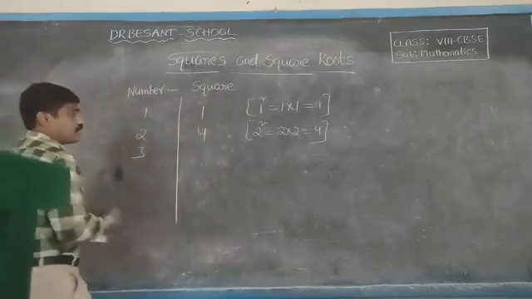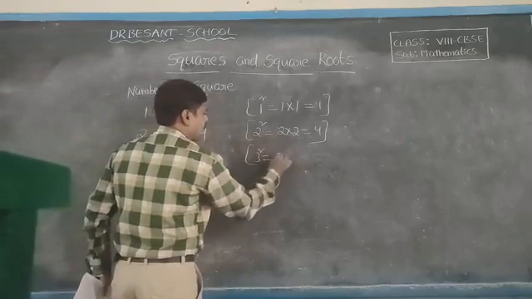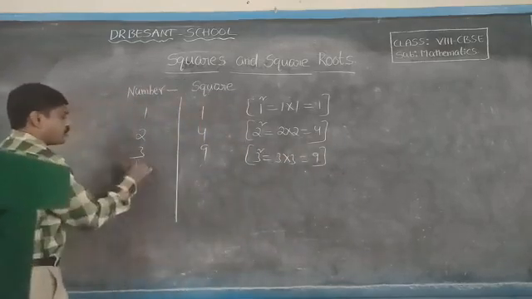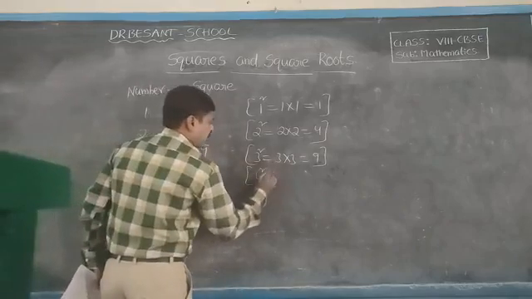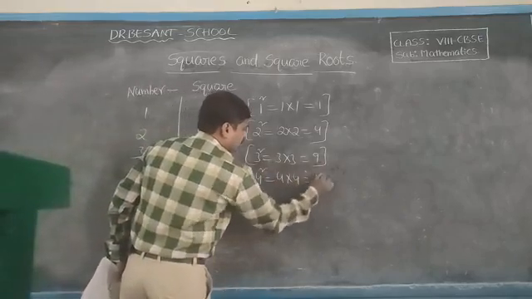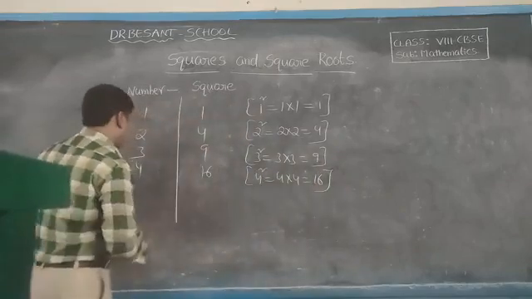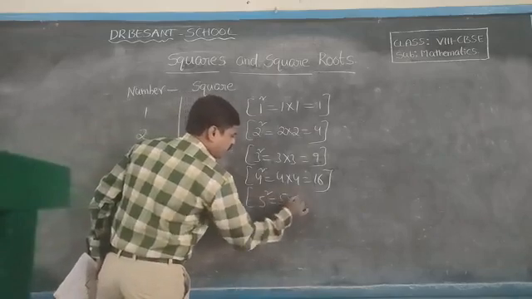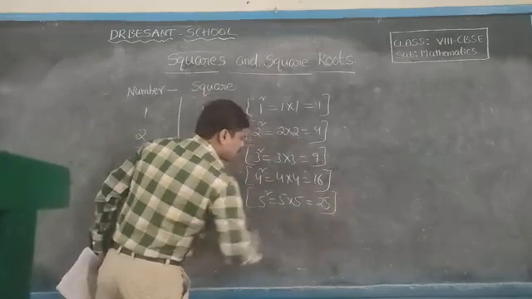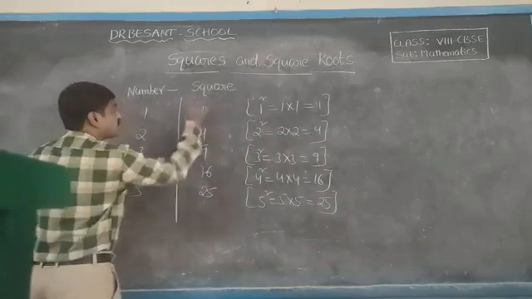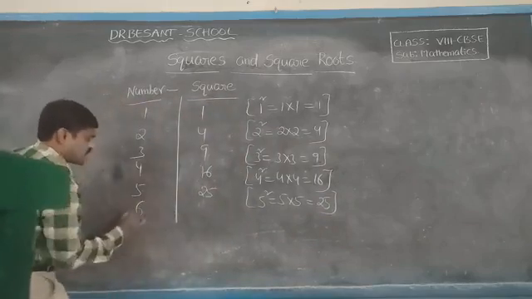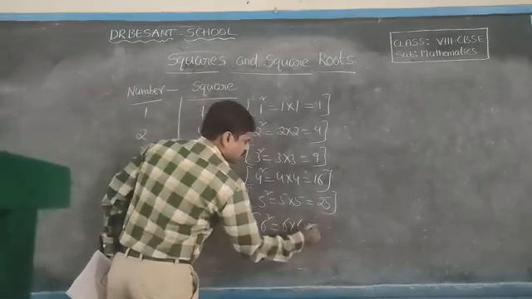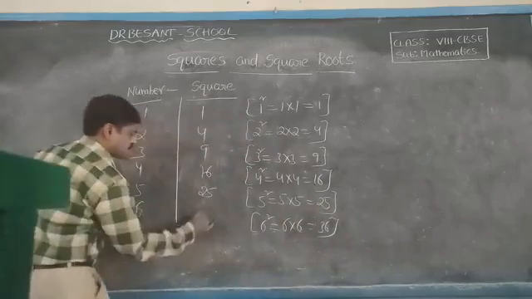So about 3, that means 3 square. 3 into 3 is equal to 9. Next 4, that means 4 square. 4 into 4, that is equal to 16. Next to 5. So 5 square. 5 into 5, that is equal to 25. 6, that means 6 square, that is equal to 6 into 6 is equal to 36.